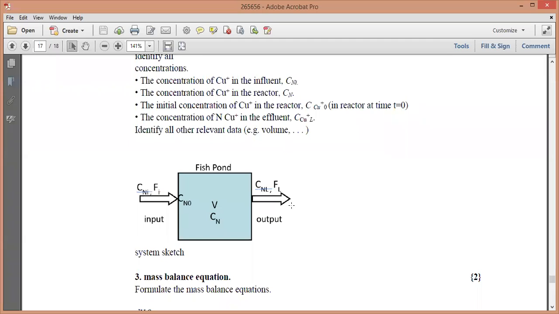So the initial concentration of copper in the reactor is CU0, that is at time equal to 0, so this will be equal to 0. Then the concentration of copper in the effluent, this is also a typo, will be CUL, which is the outlet.